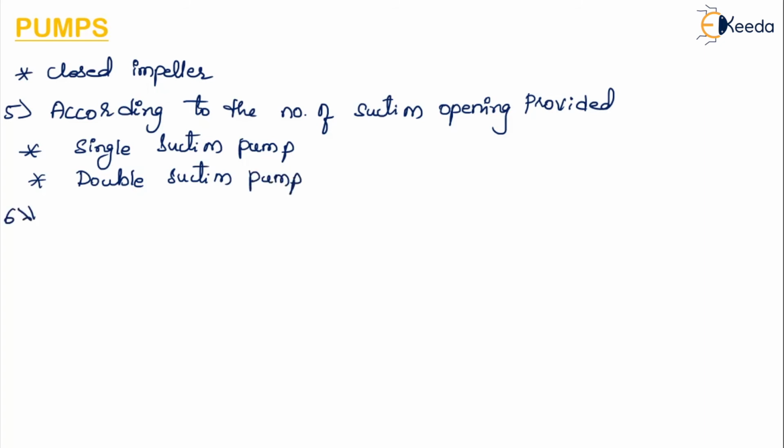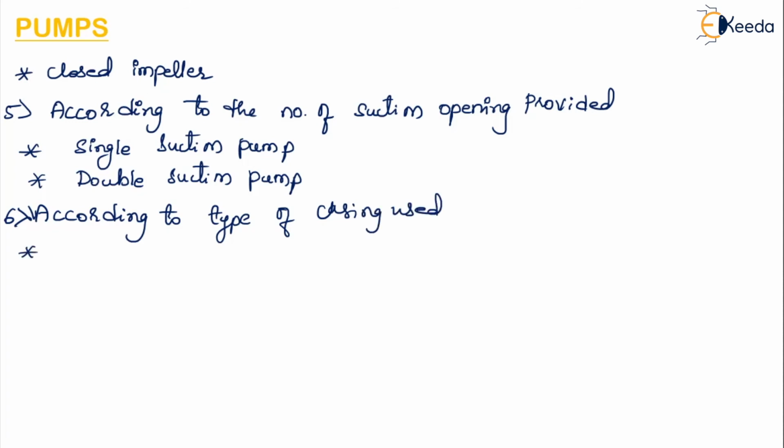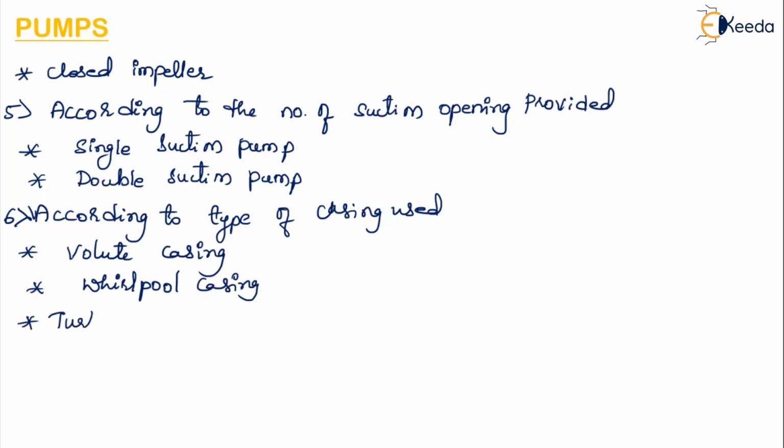Then according to the type of casing used, they are classified as volute casing, whirlpool casing, then turbine pump.